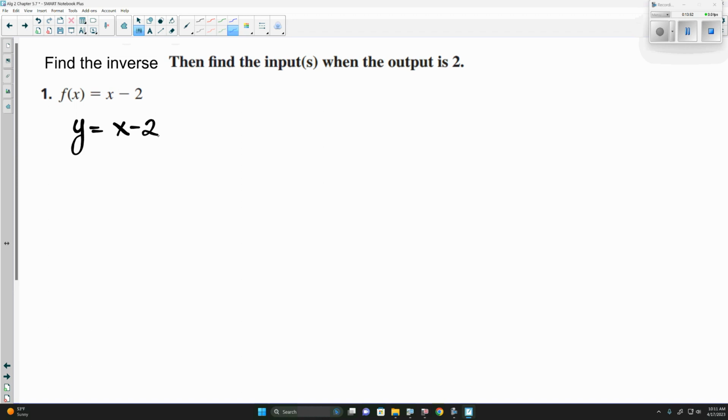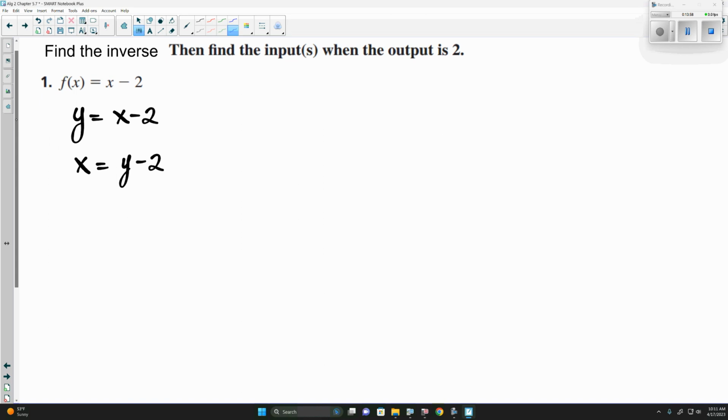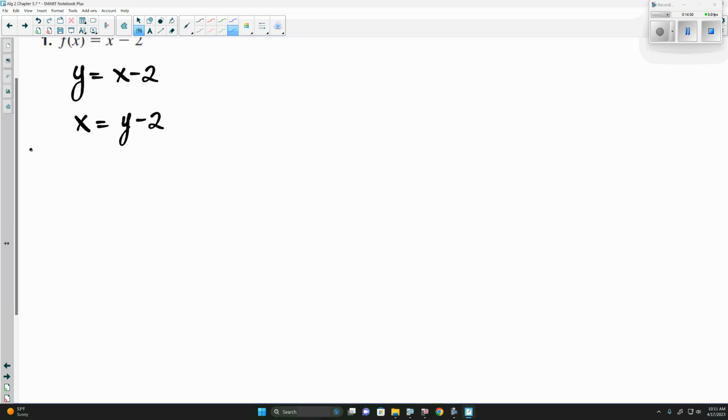Our next step is to switch x and y, telling us x is equal to y minus 2. Then our third step is to solve for y, or get y by itself. And we can do that by adding 2 to both sides. These will cancel, telling us y is equal to x plus 2 is y by itself.